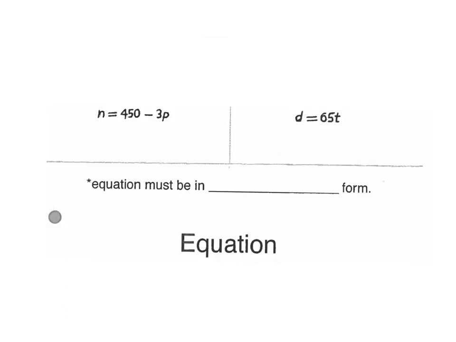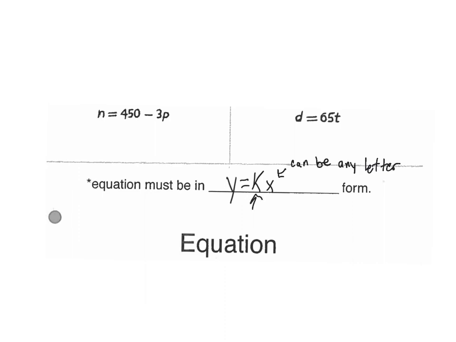The last thing we're going to look at to see if it's proportional or not is an equation. The most important thing is the equation must be in y equals kx form. Now there's a few things we need to make note of. This x right here, this can be any letter.